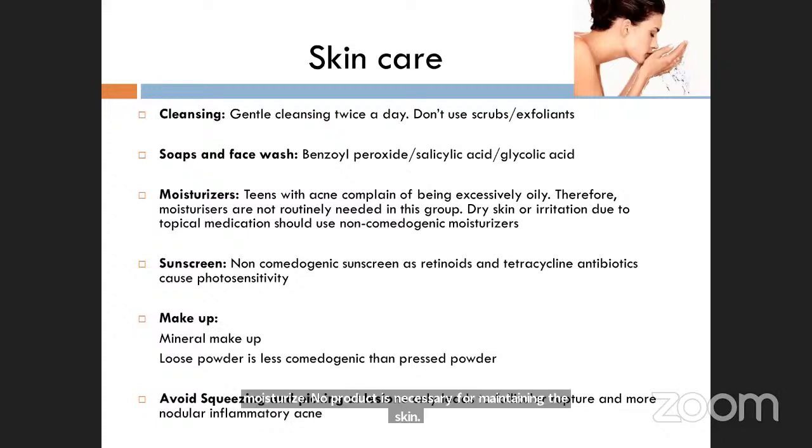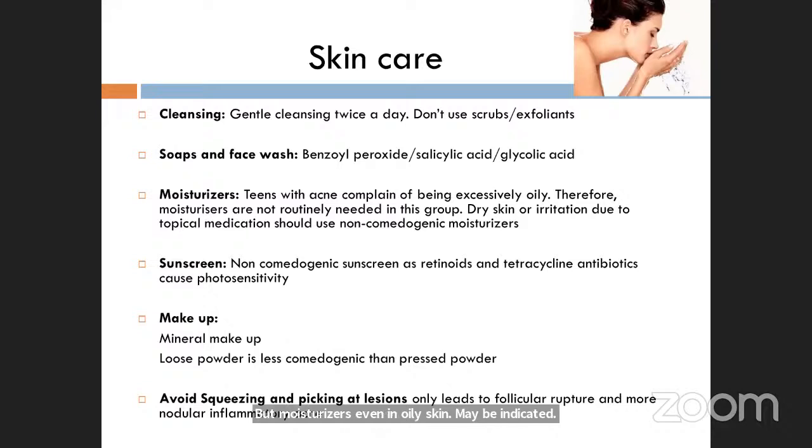But moisturizers, even in oily skin, may be indicated, because the products that we give for acne to settle down, basically your keratolytic agents, the tretinoin cream and or the adapalene or benzoyl peroxide, since they cause excessive desquamation of skin, can lead to dryness and irritation of skin.